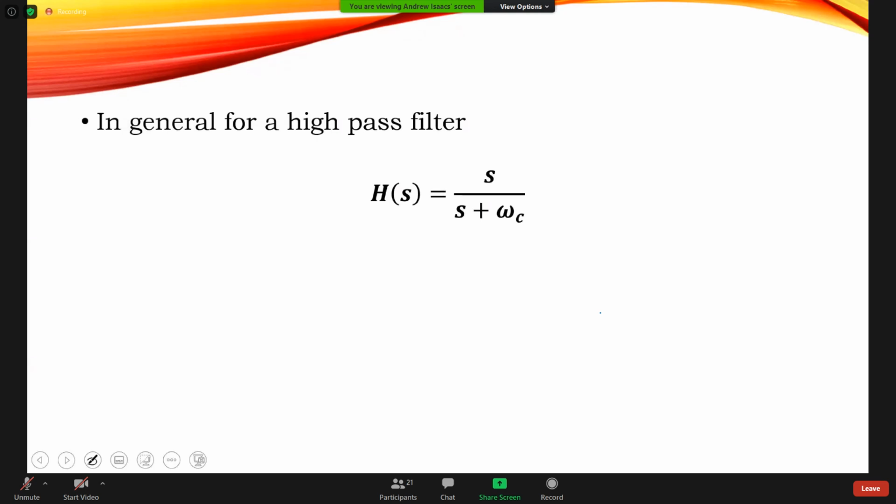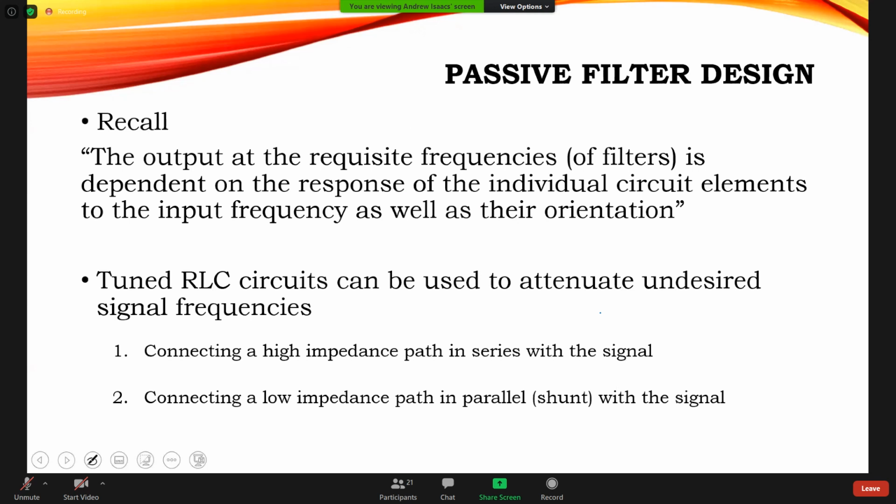All right. So we have been talking about the orientation. Coming back to orientation, however, if we use tuned circuits, they can be used to attenuate undesired signal, or undesired frequencies.